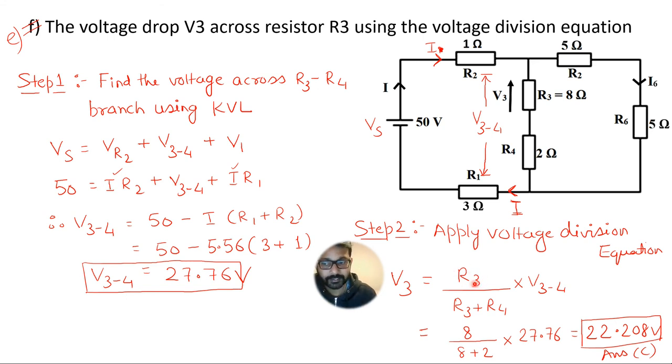In the current division rule, the other resistance was at the top. So V3 is equal to R3 divided by R3 plus R4, multiplied by the voltage drop across R3 and R4. That is why the first step is to calculate that voltage. Only then will you be able to apply the voltage division equation.